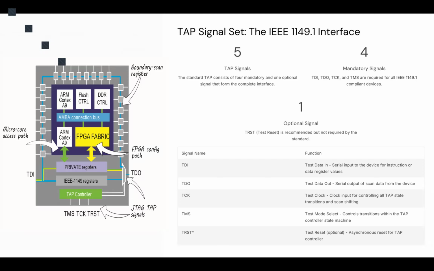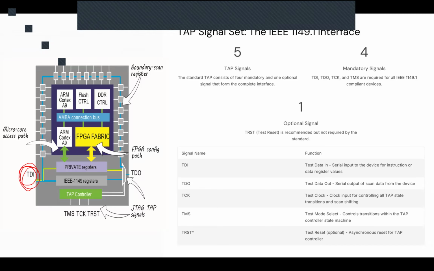Now let's talk about those components. We have 5 types of TAP signals. One is the TDI. One is TDO. Another one is TCK.